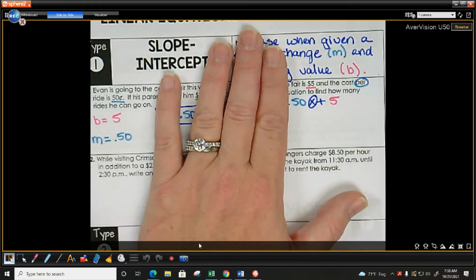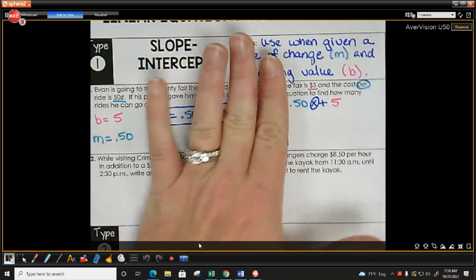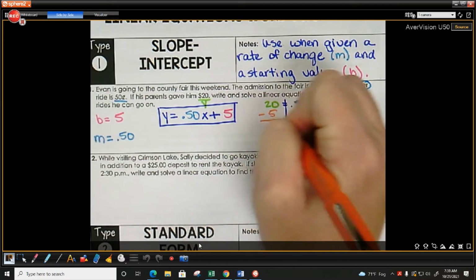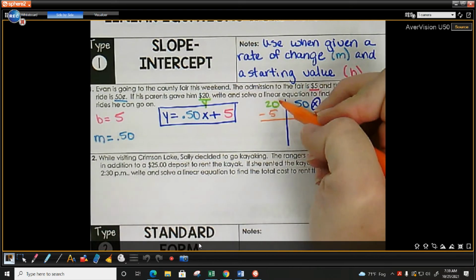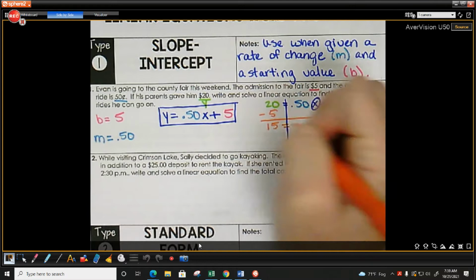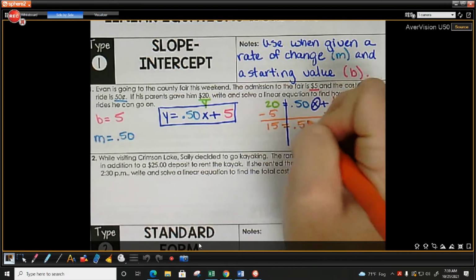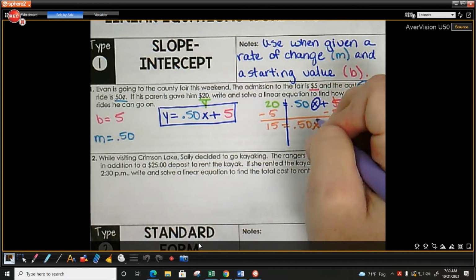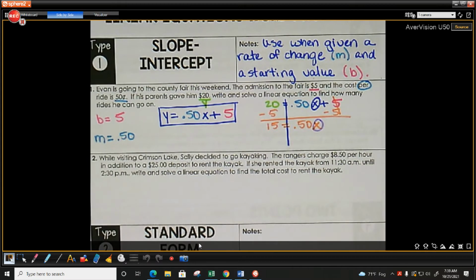How do you get rid of a plus 5? Minus 5. Very good. So I'm going to minus 5 on both sides. So then I have 20 minus 5 is 15 equals 0.50x. Keep your x circled. What do I do now to get x by itself?